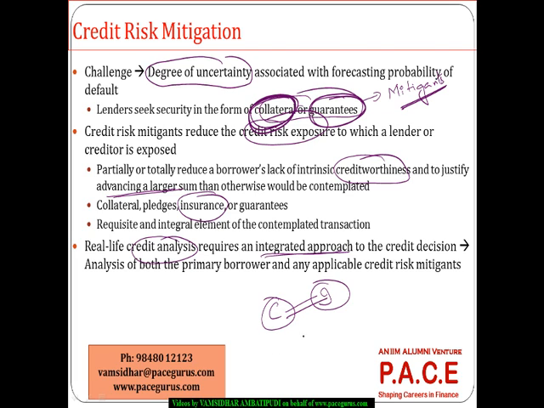I can't look at evaluating the obligor separately, the credit instrument separately, and the credit risk mitigant separately. I have to consider all of them together. An integrated approach to the credit risk assessment and management is what I have to do in the real world. I have to look at the credit risk mitigant, to what extent they are reducing or mitigating the loss that is expected to the lender.